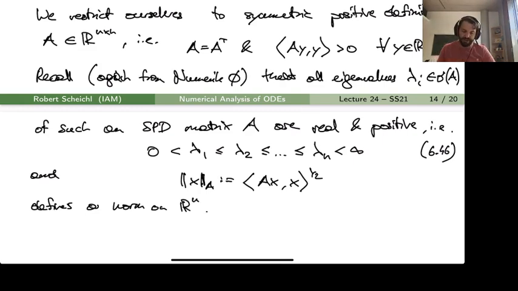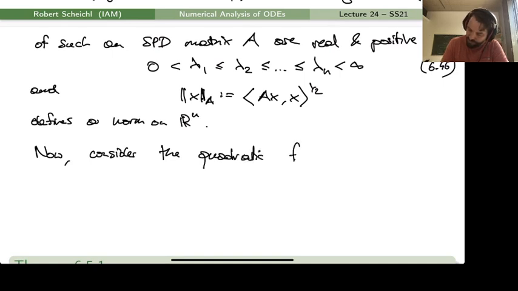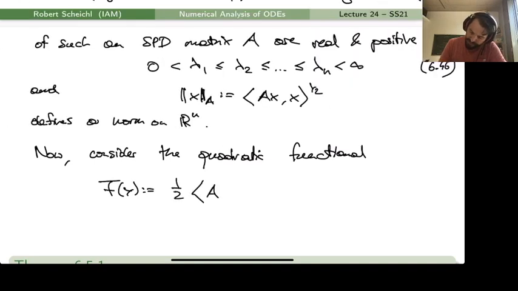Okay, so now to apply the gradient method, we need to minimize some functional. So we consider the quadratic functional f of y is a half Euclidean inner product of Ay with y minus b inner product y for all y in Rn.